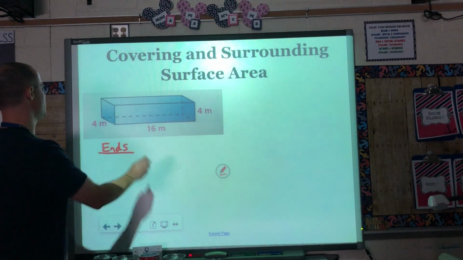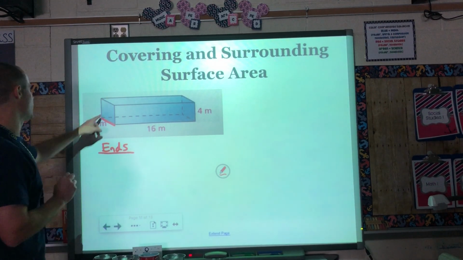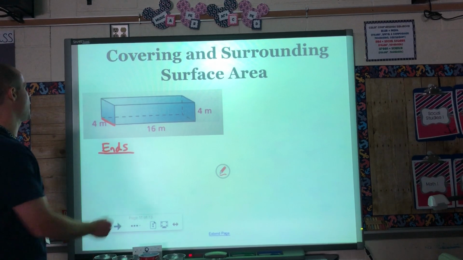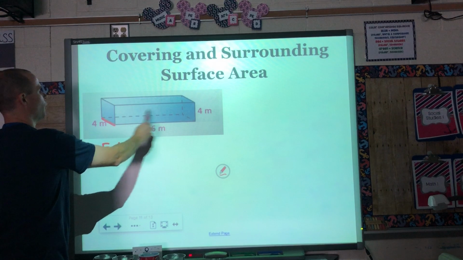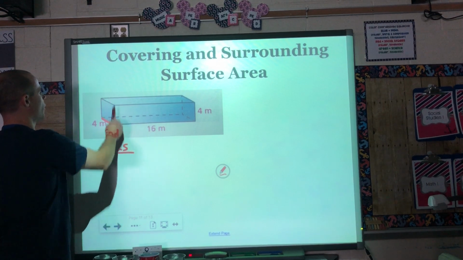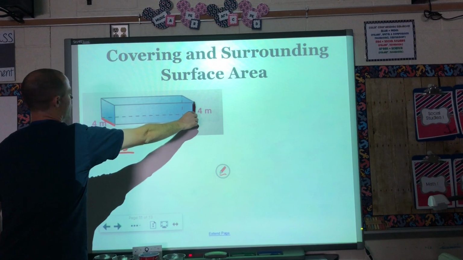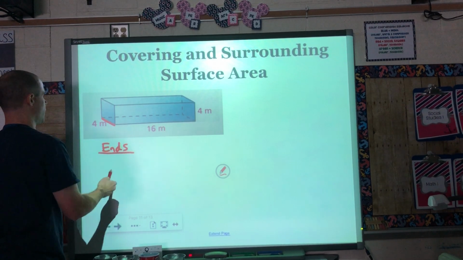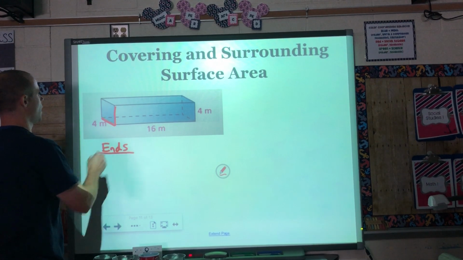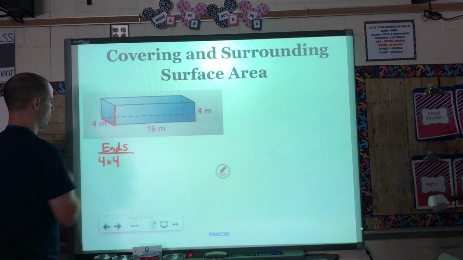As we can see, each end is labeled with a dimension that's 4 meters, and because it's a rectangle, or in this case a square, we also need our other side, or our length or our width. From our other end, we can see that this length is 4, so that means that this also has to be 4. So each of our ends is a 4 by 4 square.